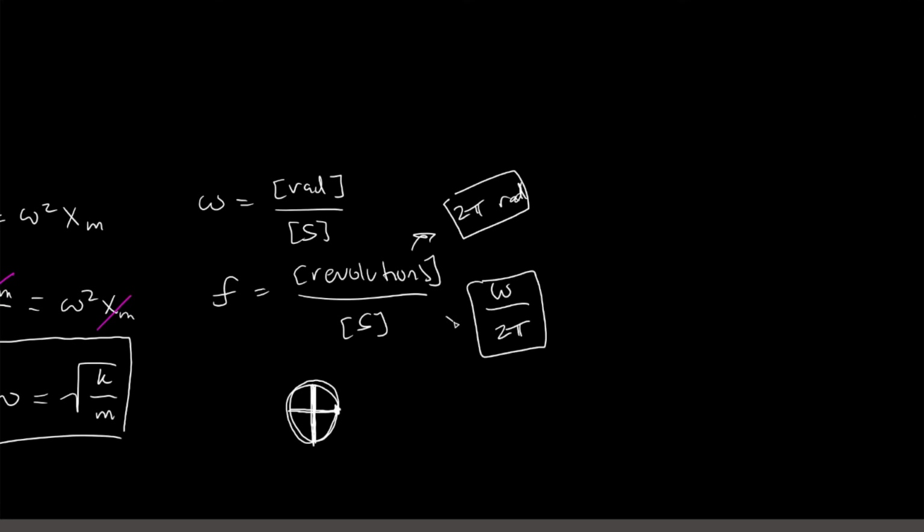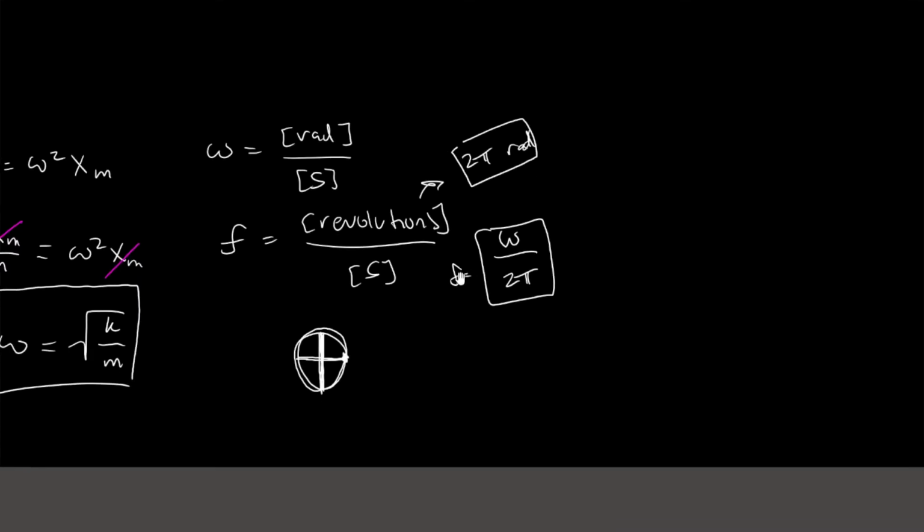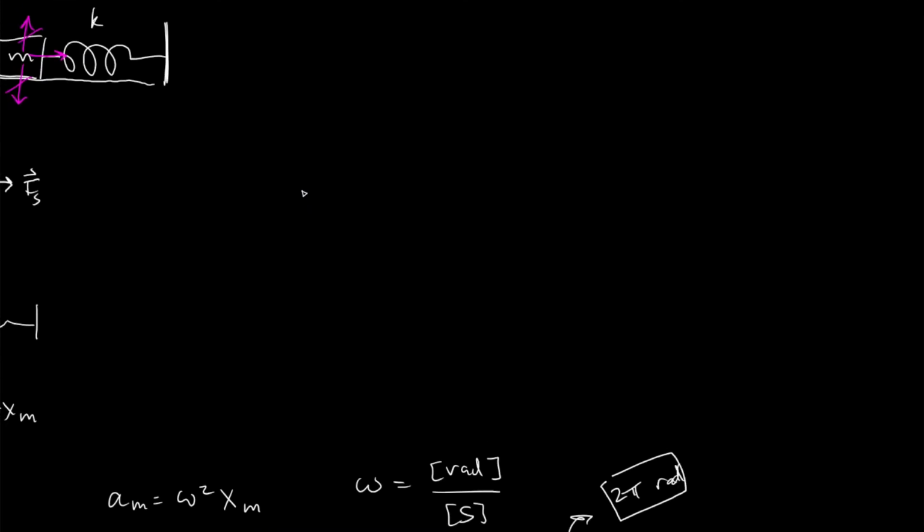We could also take an example. Say our angular frequency, let's imagine angular frequency is 10 pi radians every 1 second. We divide that by 2 pi.